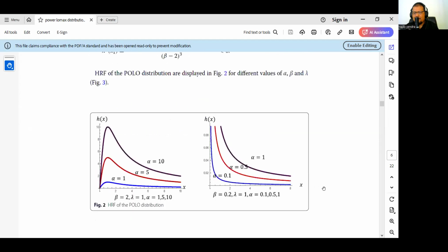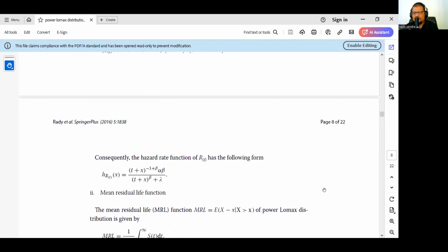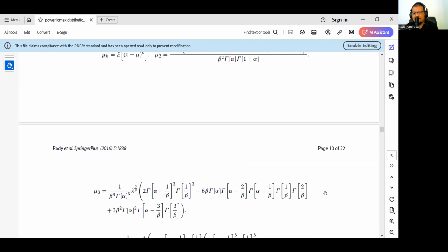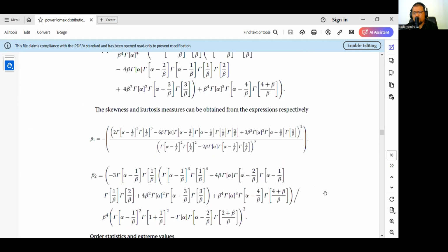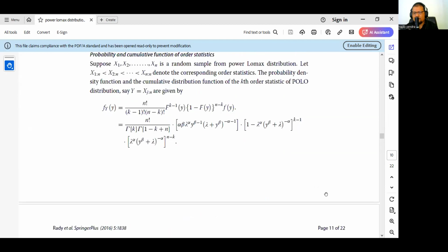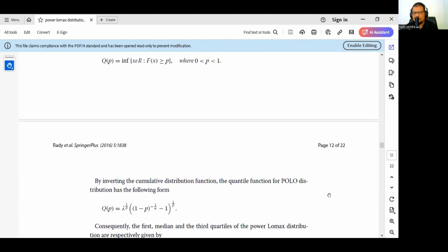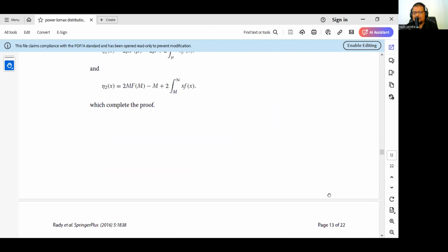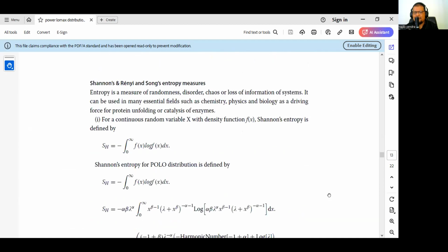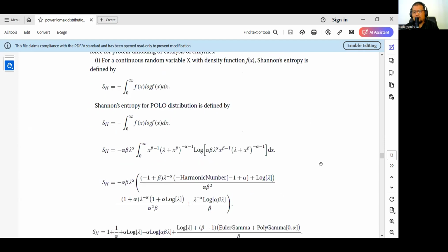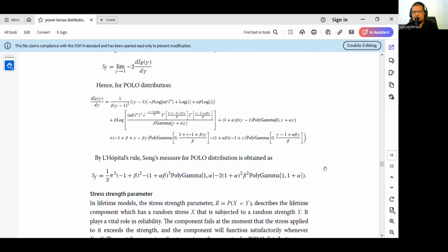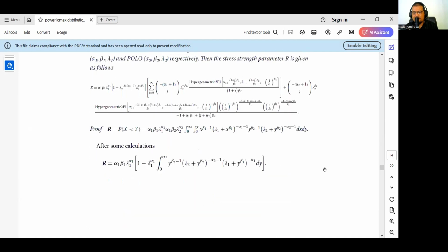In equation 15, in this research article, we can find the wrong or false density function. So it means we must be careful when using the log likelihood to estimate parameters, especially with R programming.